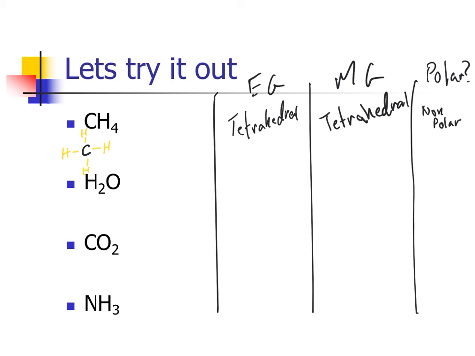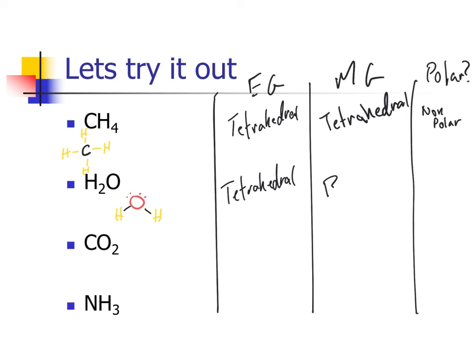Now, for water, I've always said this is a matter of life and death, a number of times, to the point that I think some of you are starting to question me. And water has 4 regions, but not all of them are bonding.